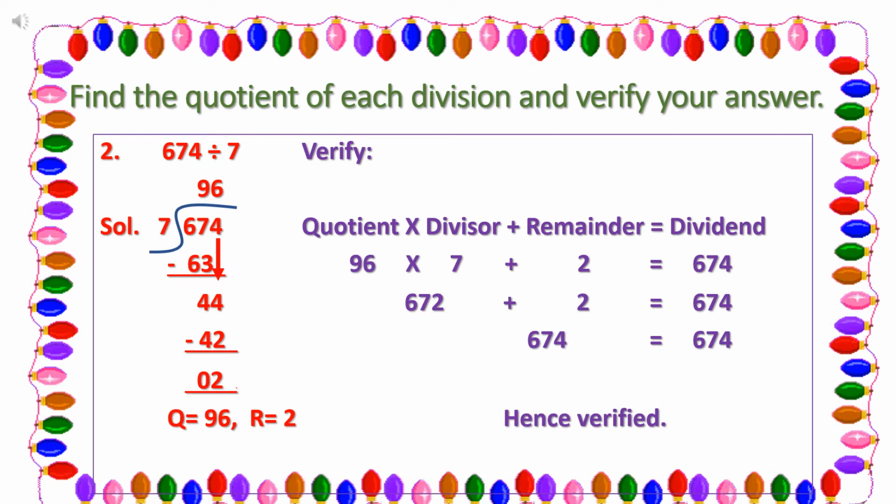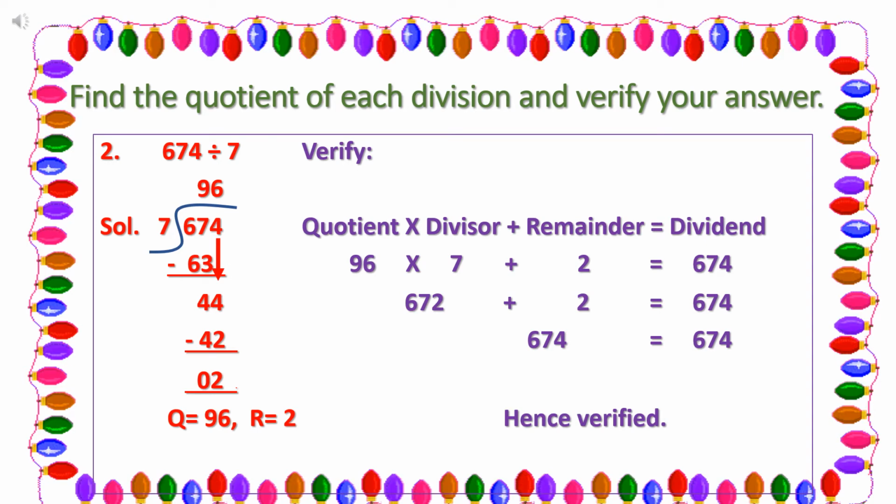Now next example is 674 divided by 7. Now after dividing, we have to verify our answer also. So now we will arrange the numbers as shown in the slide and we will start division. Now 6 hundreds are given.